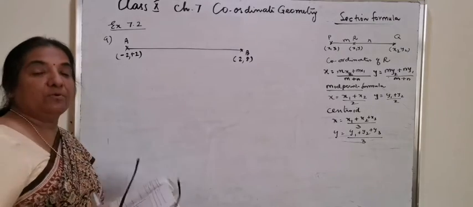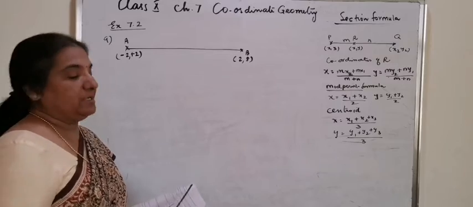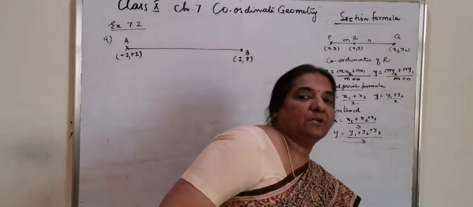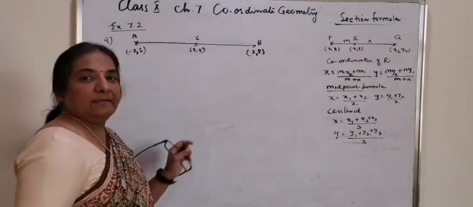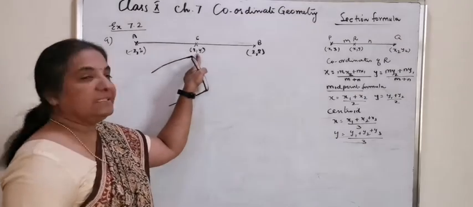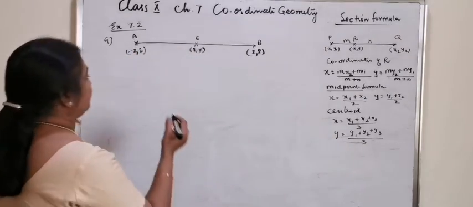If you need 4 equal parts, you need 3 points and you have to find out the coordinates of those points. Let C(x, y) be the first point.